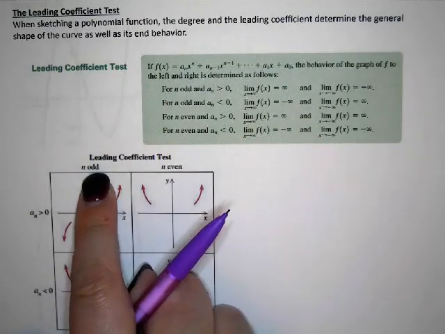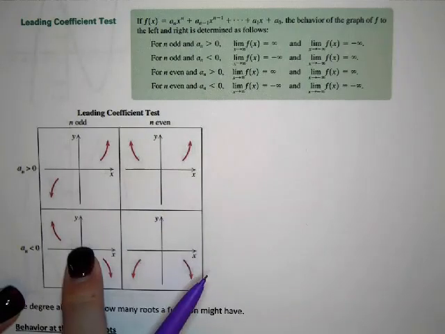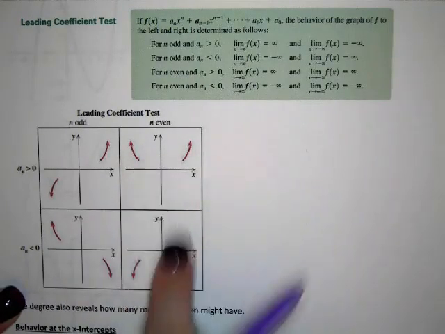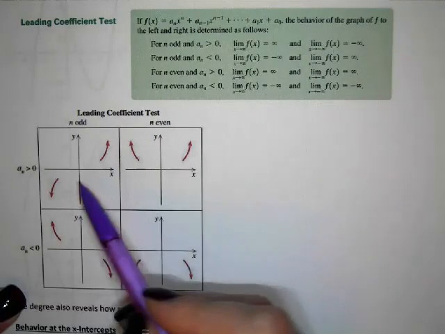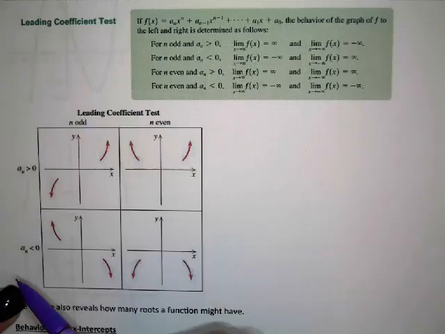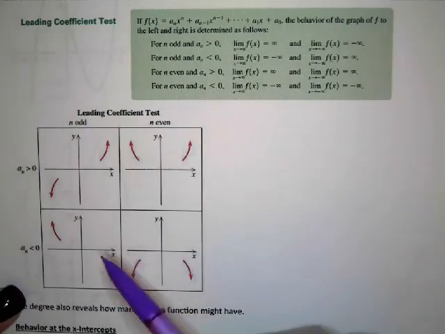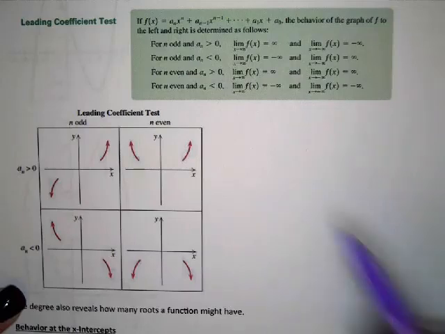So if the degree is odd, it follows the end behavior from these two pictures. If it's even, it follows the end behavior from these two pictures. And then what determines which picture you choose is whether the coefficient that goes with that term is positive or if it's negative and it has reflected the graph over the x-axis.